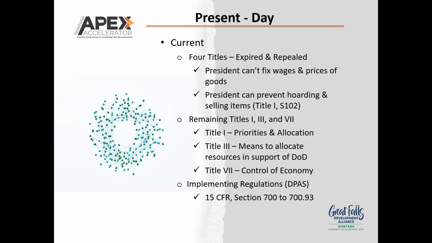I'm going to skip over Title III because that will be the main part of our webinar, and move on to Title VII. This authorizes the president to control the civilian economy so that scarce and critical materials necessary to the national defense effort are available for defense needs.